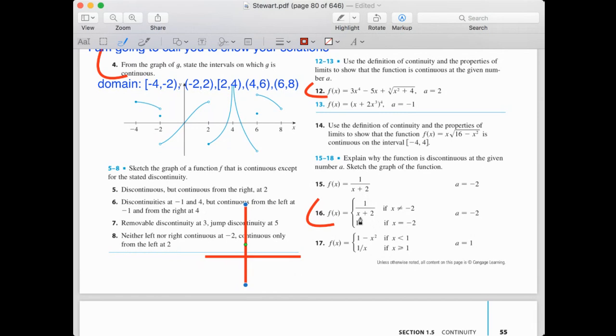So remember 1 over x is the graph of this. We have this piece and this piece, and those two pieces are symmetric with the origin, right? But now 1 over x plus 2 means x is shifted to the left by 2 units.